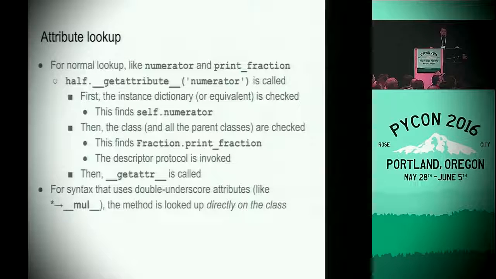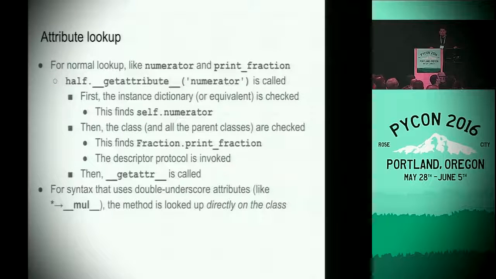So for a normal lookup of a normal name, like numerator, print fraction, no special syntax involved, no brackets, no asterisk, what happens is that the instance's getattribute method is called, and it walks through the instance's dictionary, if it doesn't have a dictionary, the instance's attributes itself, and then each class.